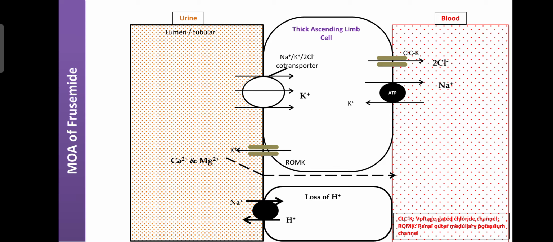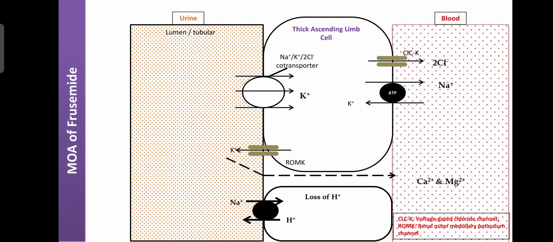Calcium and magnesium are also reabsorbed from the ascending loop of Henle with the help of certain channels known as ROMK, the renal outer medullary potassium channel.